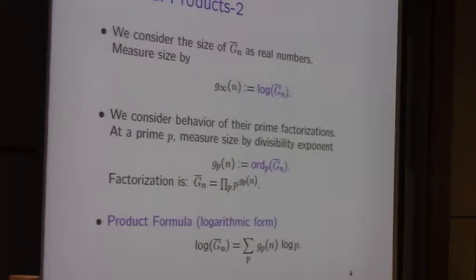So what is interesting here is that certainly G_n is divisible only by primes up to n, and they're raised to various powers. But if you study the individual functions ord_p of G_n, these are oscillatory functions that go up and down in a weird way.